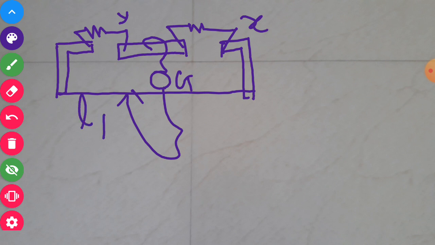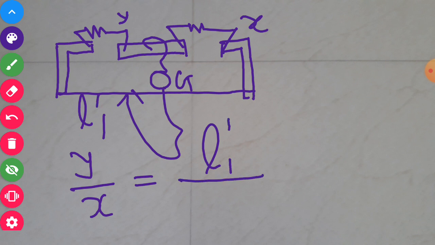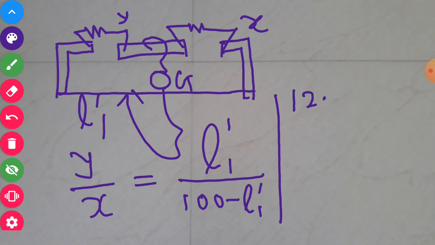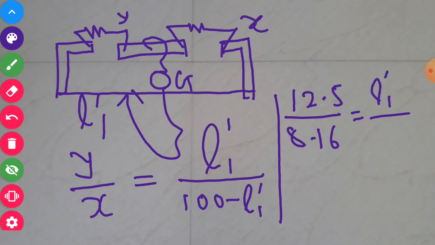Now Y upon X is equal to L1 prime upon 100 minus L1 prime, because of the newly arranged condition. Y is 12.5, X we got 8.16.